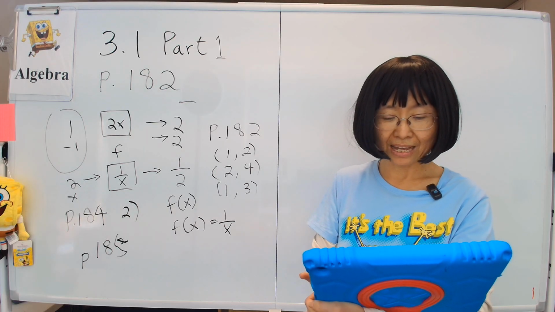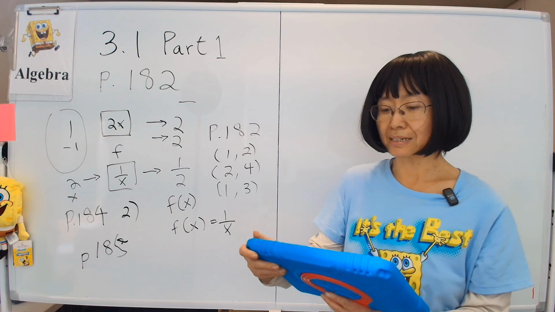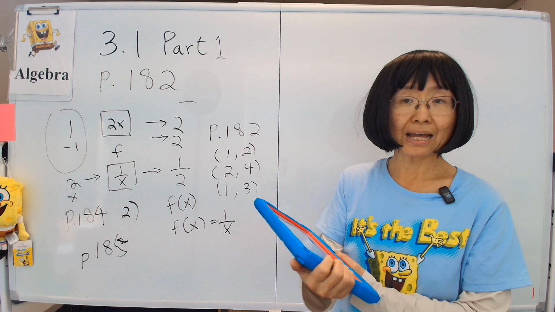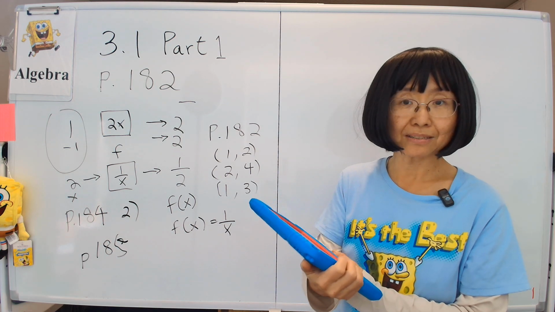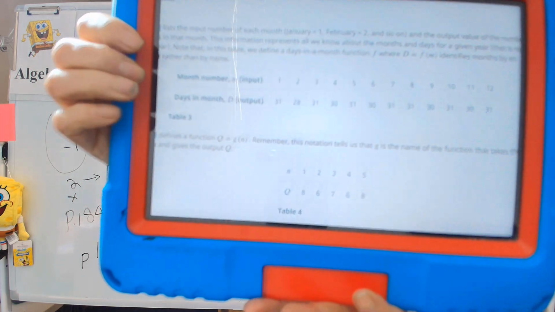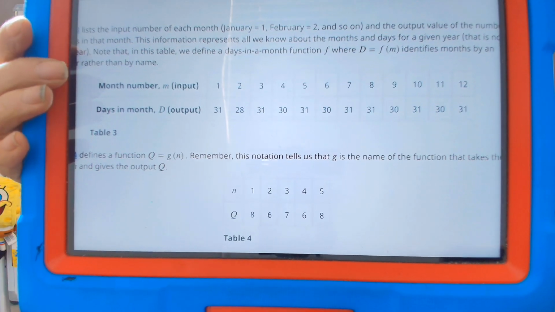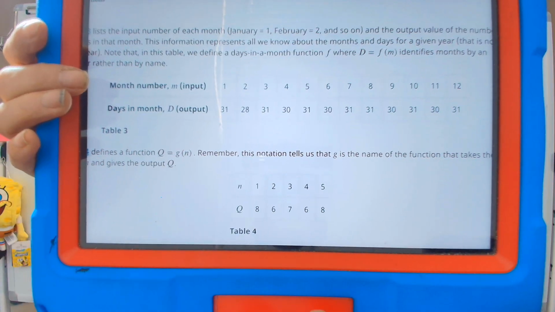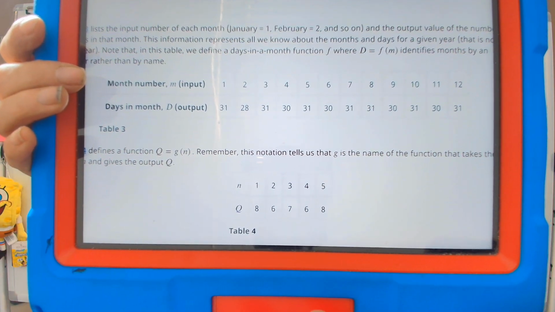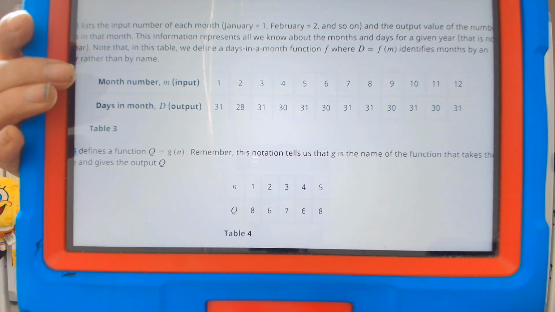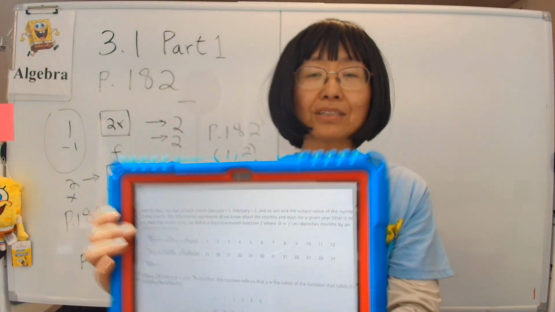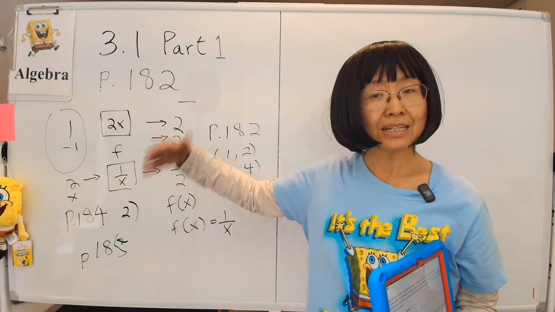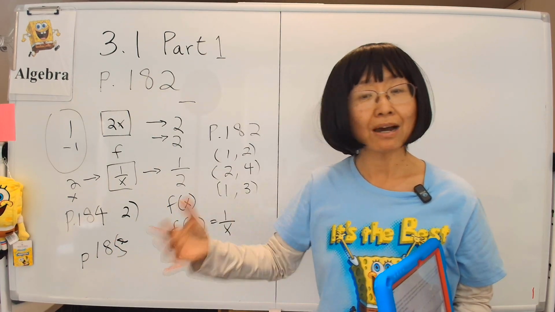Let's move on. The function can sometimes be represented as a table, like the previous problem when we mentioned the months, how many days are in each month as a function. So we can write the function like this. Instead of the symbol f, we can say month 1 goes to 31 days, and month 6 is 30 days, etc. A lot of the months have the same days, and that's okay, just as long as the function tells you, when you put the input in, it will spit out the days for each month without ambiguity.